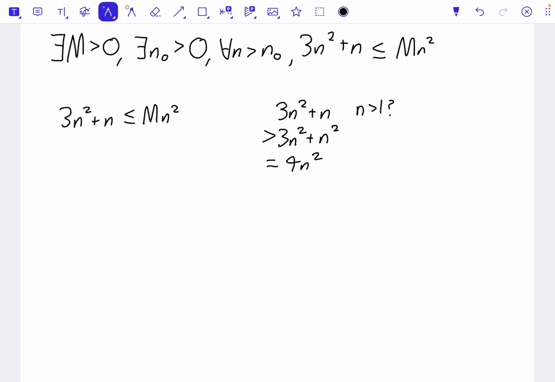And then you bring the simplified side back into the original inequality. And the algebra from there is pretty easy. We find that m has to be greater than or equal to 4, and that n has to be strictly greater than 1.